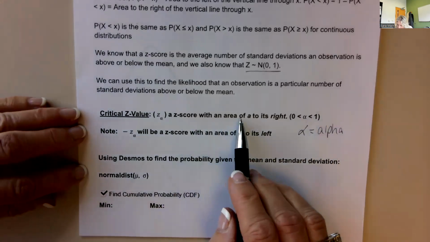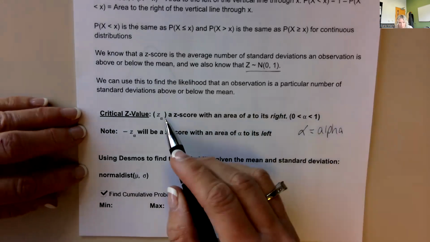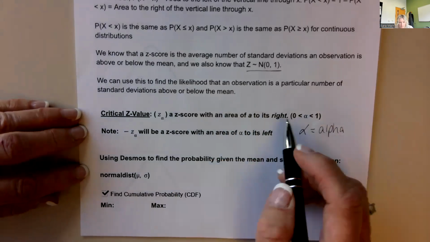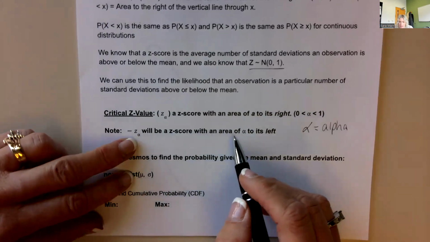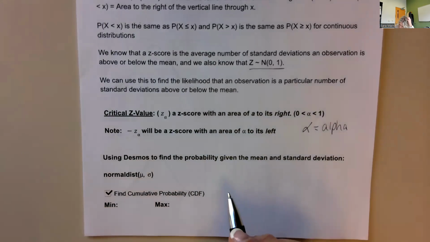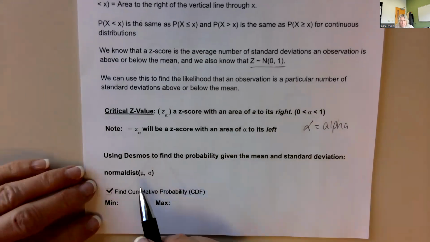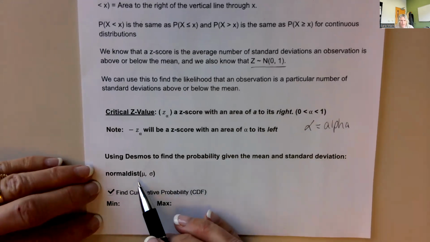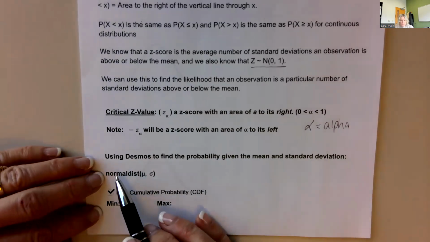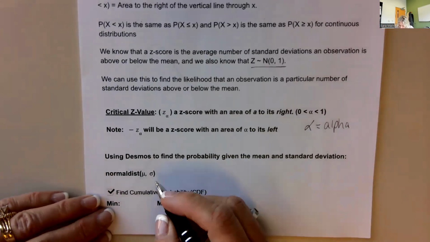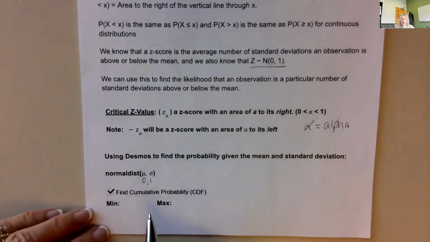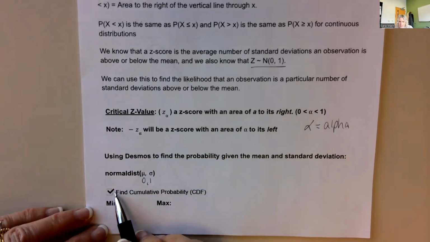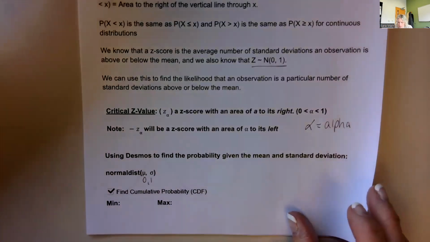It's a z-score with an area to its right. So alpha is always area to the right. And note, a negative z of alpha will be a z-score with an area to the left. So in Desmos, to find this area, we are going to use the normal distribution, but it's going to be 0 and 1 for the z-score. Also remind yourself that we have to click the box for the cumulative probability.